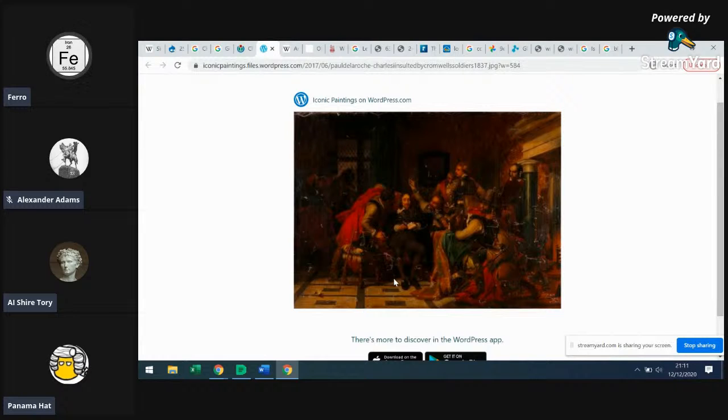What was the date for the painting? This was painted in 1836. It was commissioned by the Earl of Ellesmere.